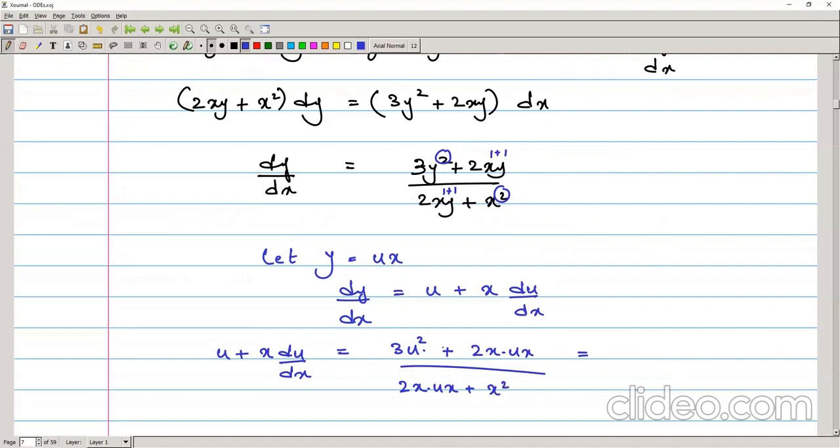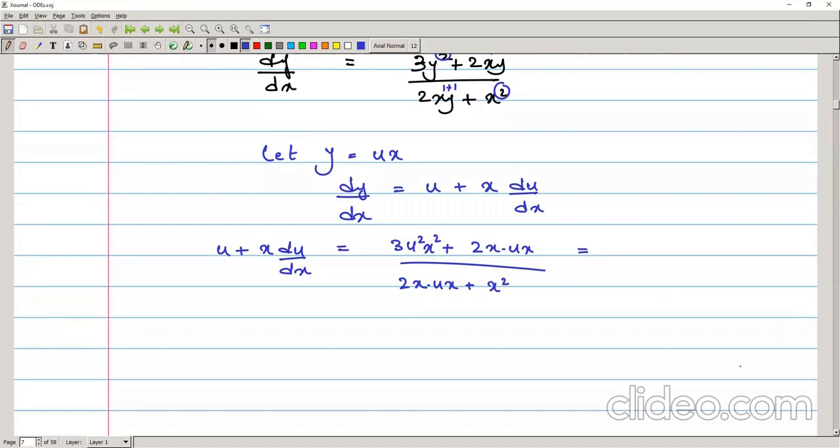Sorry, here we did something wrong. It's not 3u squared only, it will be 3u squared x squared, because it's y squared. So now we can take x squared common here. So you're left with 3u squared plus 2u over, x squared common again in the denominator, we're left with 2u plus 1.